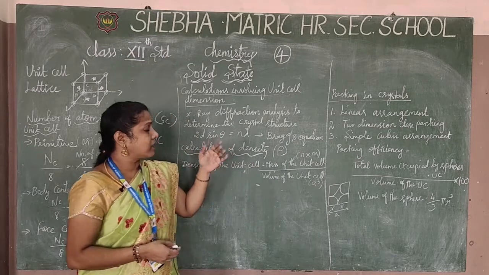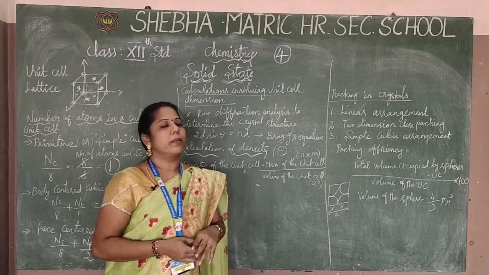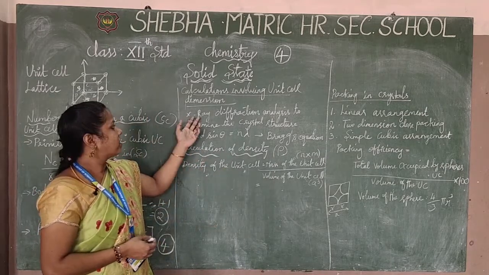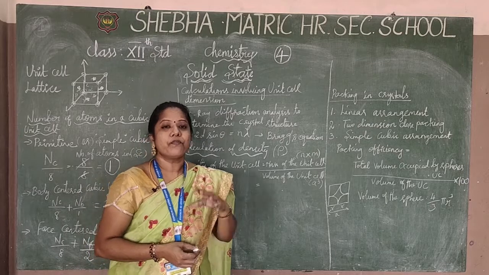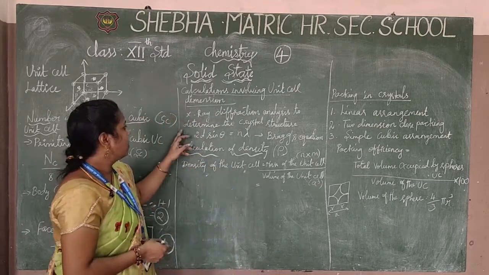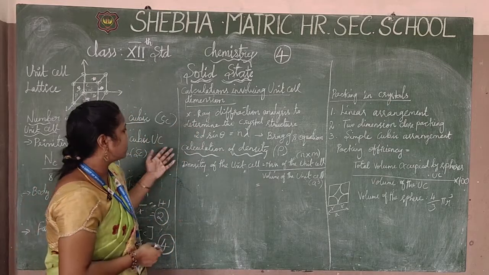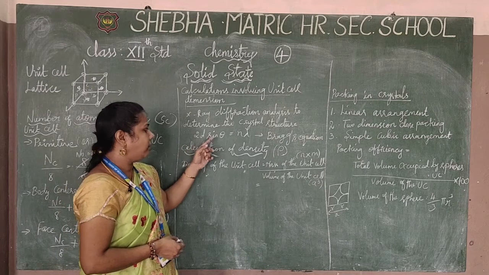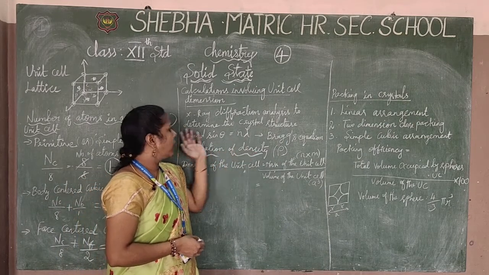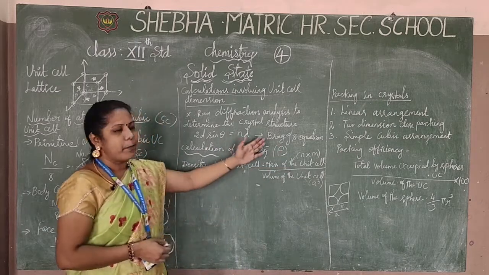That is a very good tool. X-ray diffraction analysis is used for determination of the crystal structure. The equation involved is 2d sin theta is equal to n lambda. This equation is called Bragg's equation.